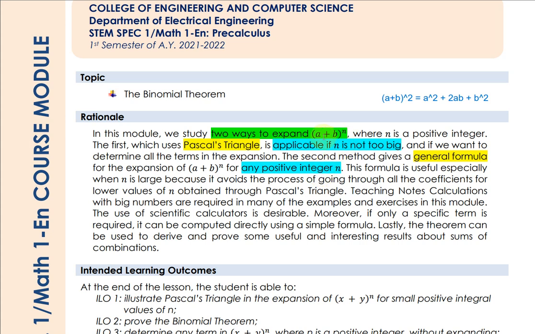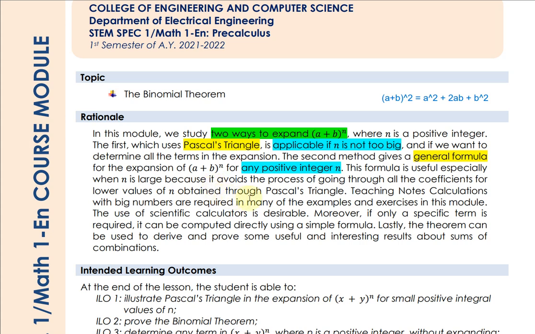For example, we have a plus b to the power of 30. We cannot practically use Pascal's triangle in expanding that. I mean, we can use it, but it will take so much time.